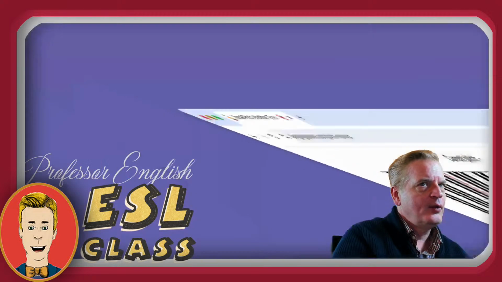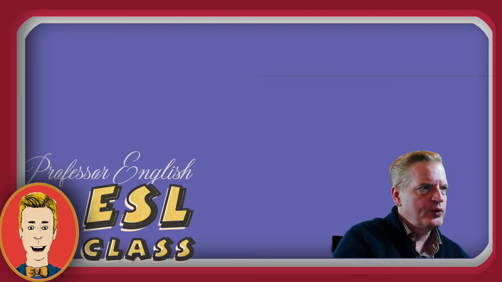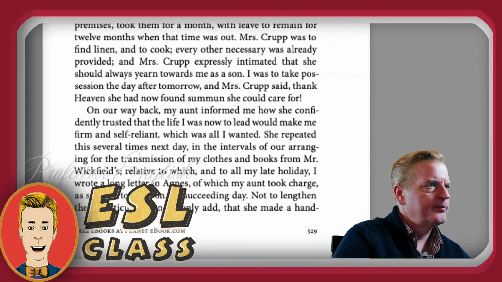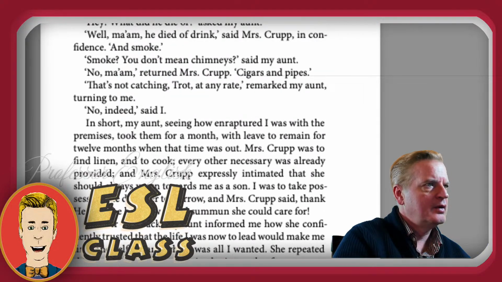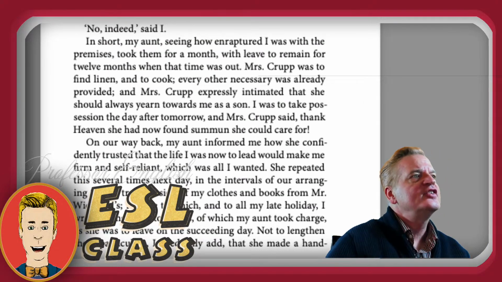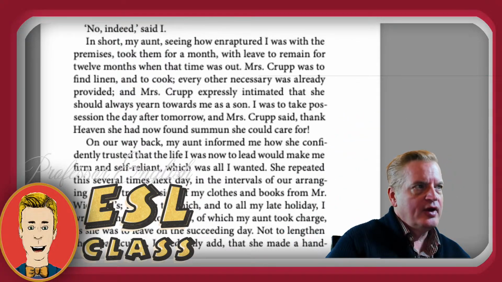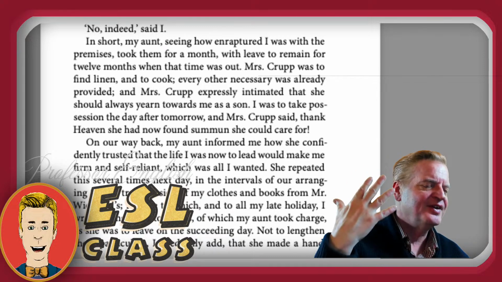All right. Well, let's go back to the beginning and reread everything that we've done so far. In short, so we're starting high, going low. In short, my aunt, seeing how enraptured I was with the premises, oh, sorry, that's a rising tone.